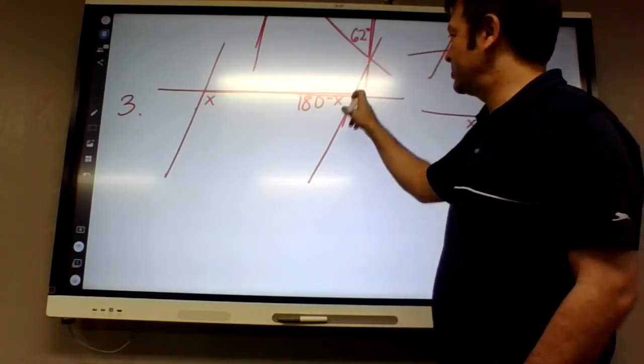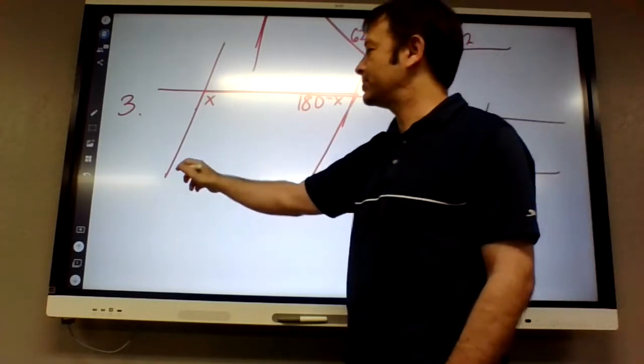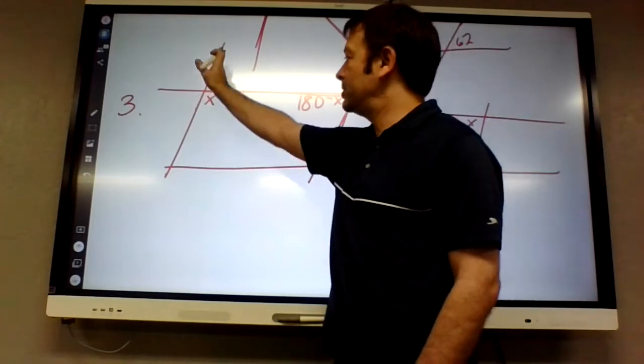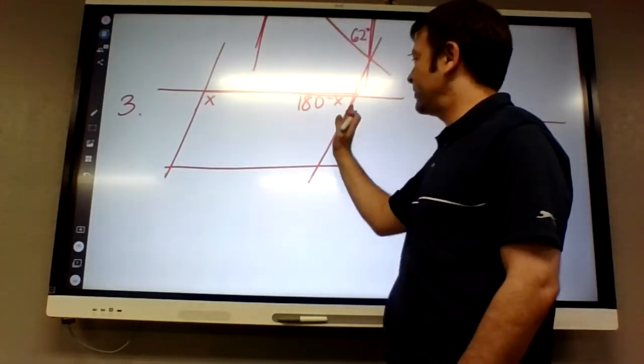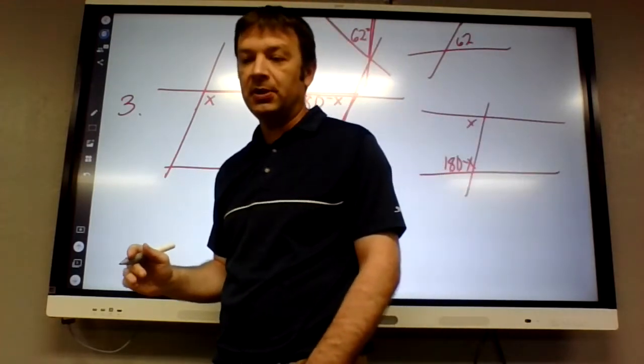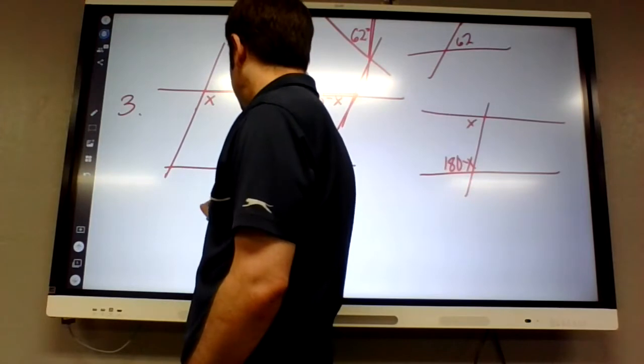So these two lines, the left and the right, would have to be parallel. I didn't draw this line down here at all because it wasn't really involved. These two lines right here would have to be parallel because the same side interior angles are supplementary. So QT is parallel to RS.